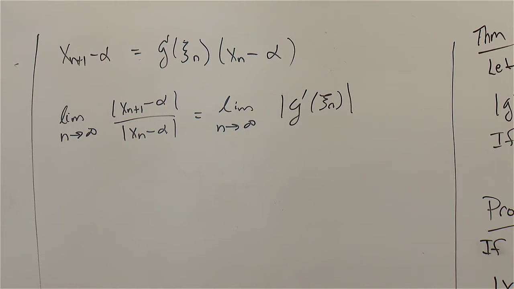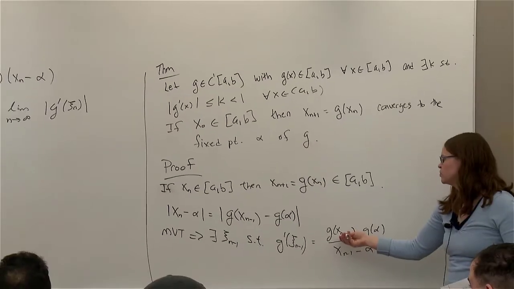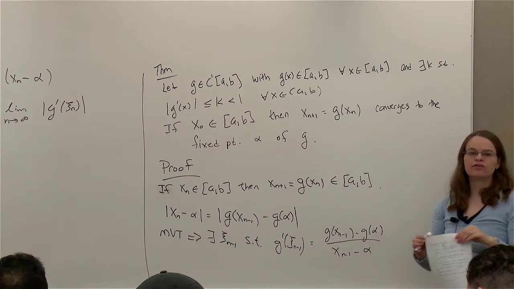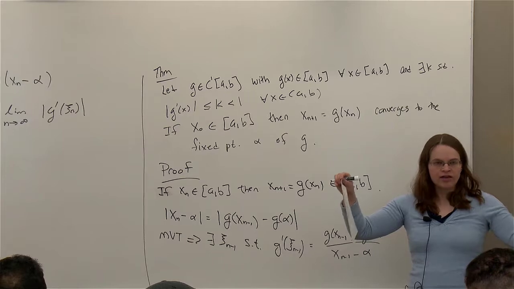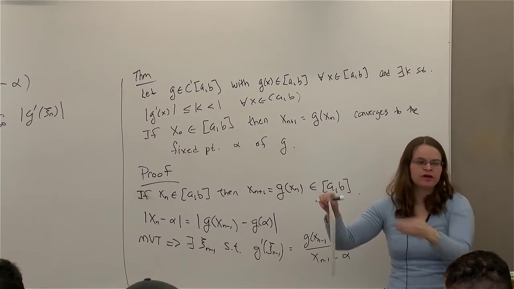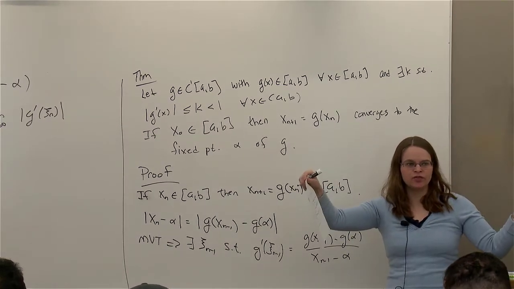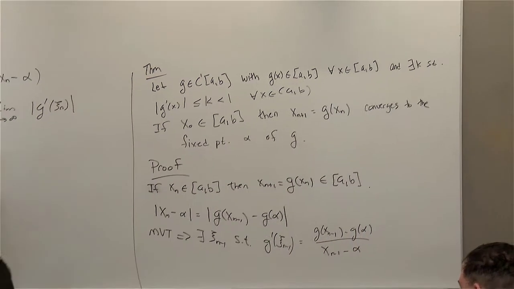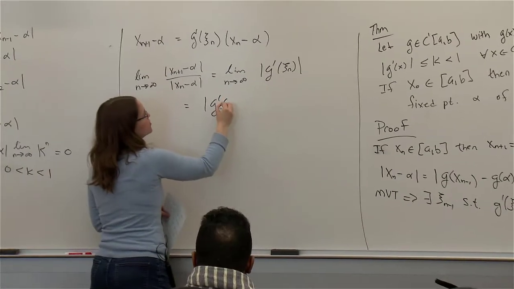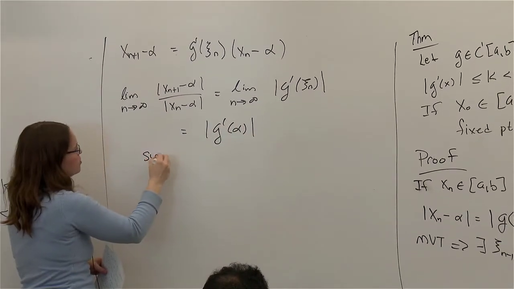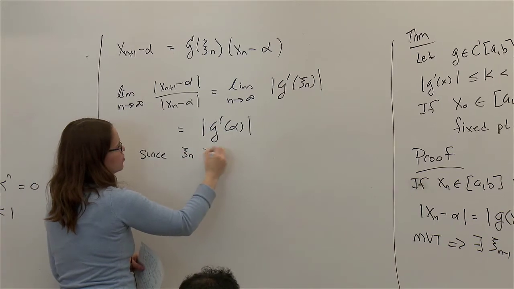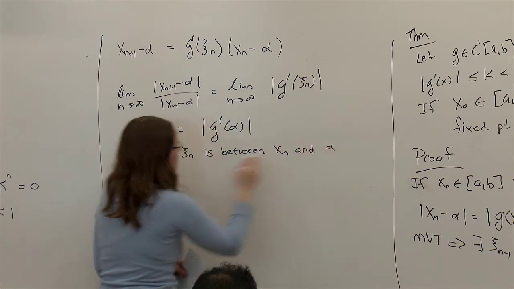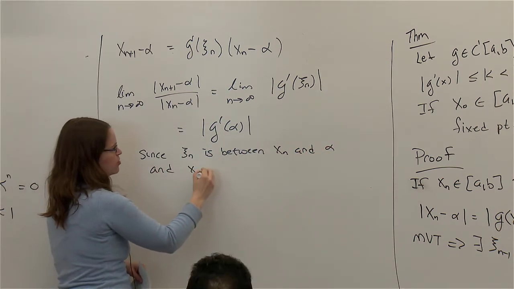So when we bring in this c_n from the mean value theorem, it is actually going to live between these two points, between x_n and alpha. So c_n is sandwiched between x_n and alpha. x_n is approaching alpha as n goes to infinity. So c_n is sandwiched between an interval that is closing in on alpha. So this indeed will be nothing but G prime of alpha. Since c_n is between x_n and alpha, and we already know that x_n is going to alpha.